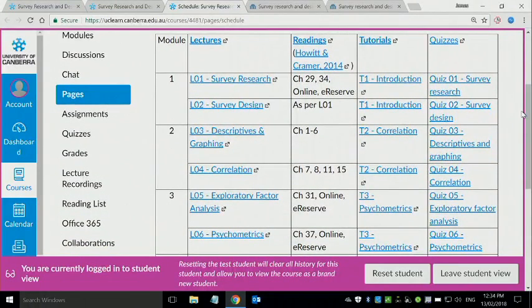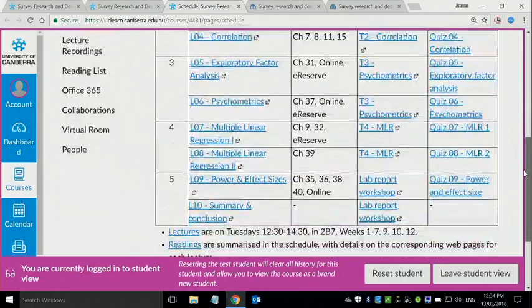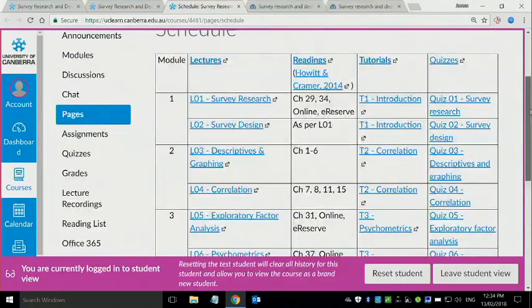I will go into that in a little bit more detail, but that's probably your single best page to map out lectures, tutes and the quizzes, which are closely aligned to the lecture and reading content.